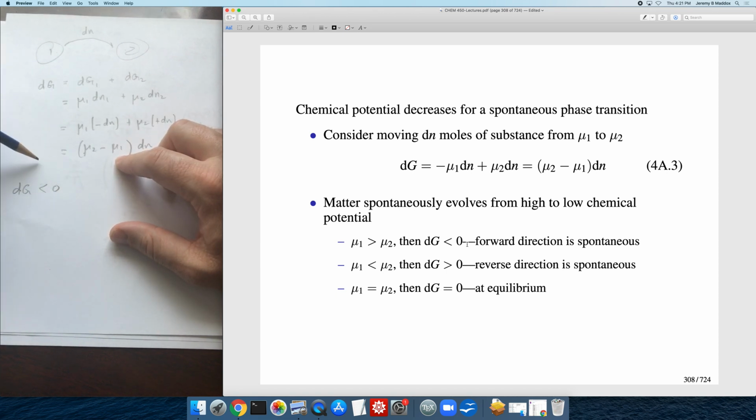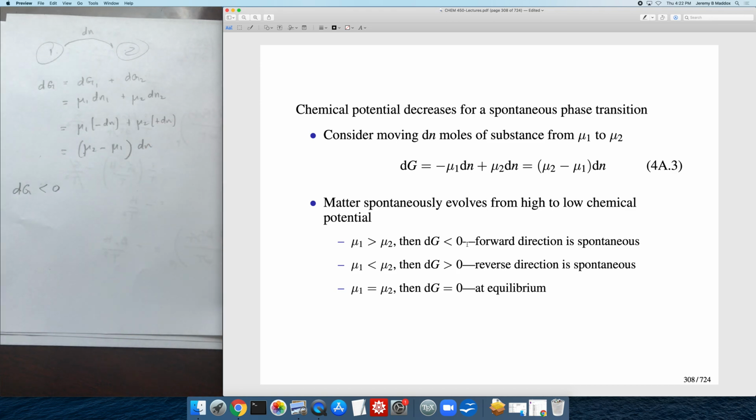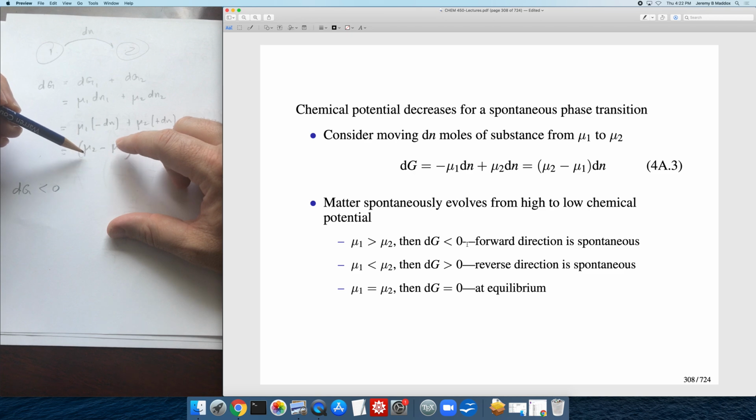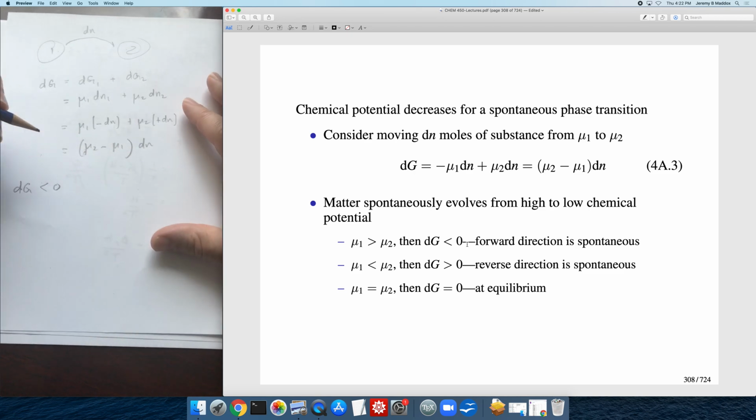Then you're going to get a positive dG, which means that, in fact, the opposite direction would be spontaneous. The third possibility is that the two chemical potentials are the same. If mu1 equals mu2, then dG equals 0. That corresponds to a reversible process, and we would have an equilibrium between the two phases.